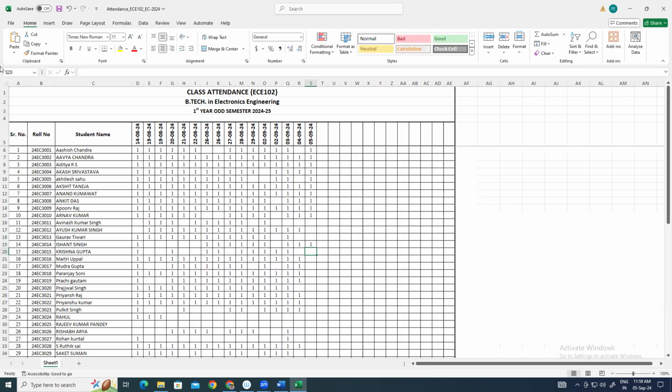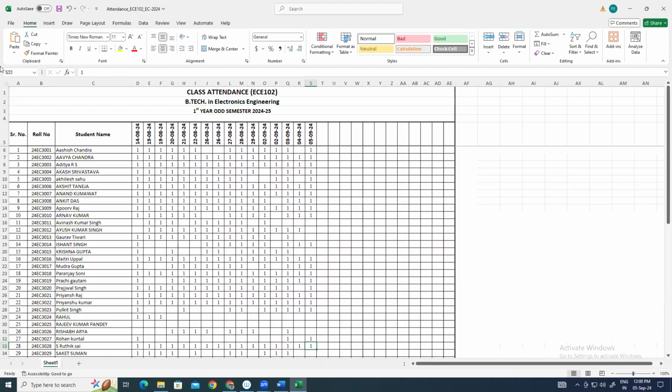Krishna. Maitri. Present, sir. Mudra. Present, sir. Pranjay. Present, sir. Prachi. Present, sir. Prajwal. Present, sir. Priyansh. Yes sir. Priyanshu. Present, sir. Pulkit. Present, sir. Rahul. Rajiv. Rishi. Rohan. Present, sir.